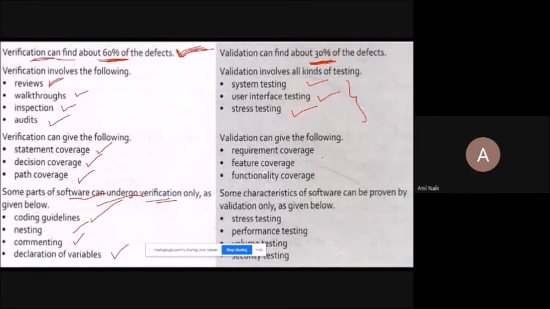Validation can also give the requirement coverage and feature coverage, whether we have covered all the customer's requirements or not. Some characteristics of the software can be proven by validation only, such as through performance testing. Performance testing means checking whether it supports 100 users or not.